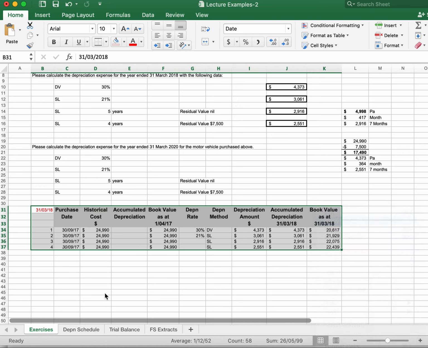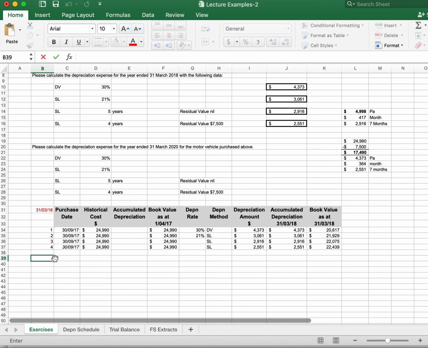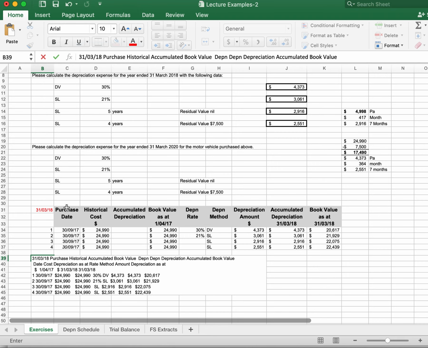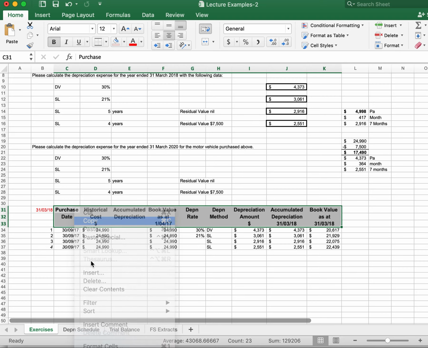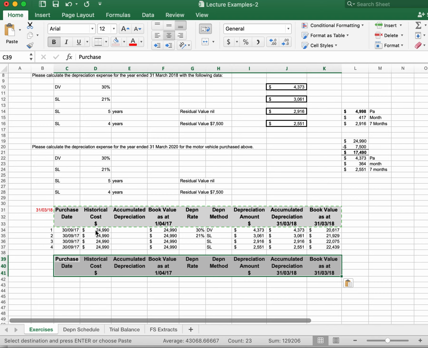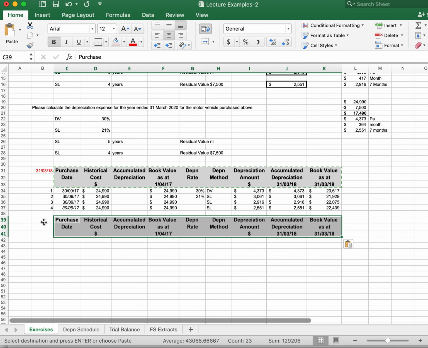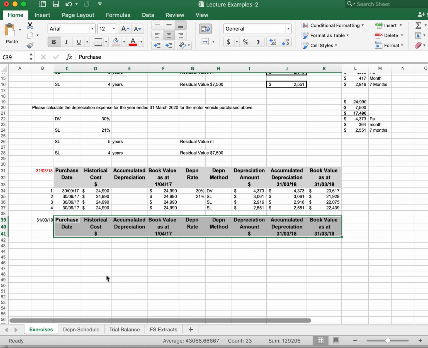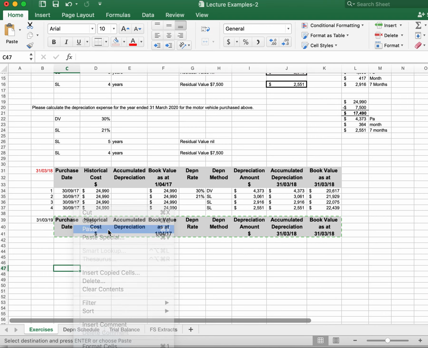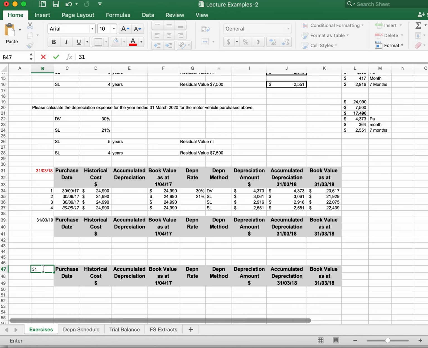So rather than it just being the next year, the next year is going to be the 31st of March 2019, and it's the one after that they're asking for. So read the question carefully.